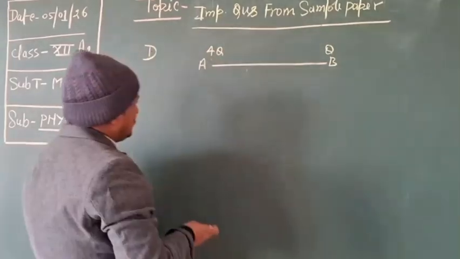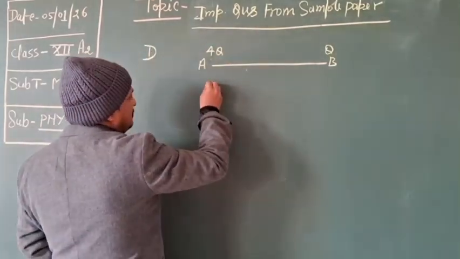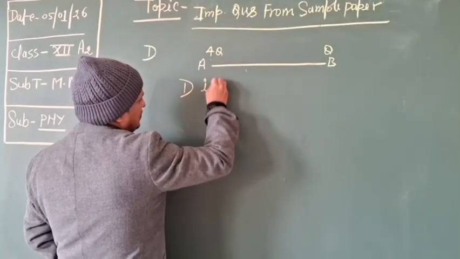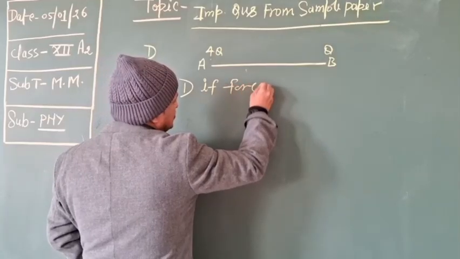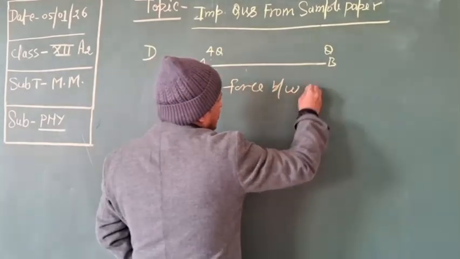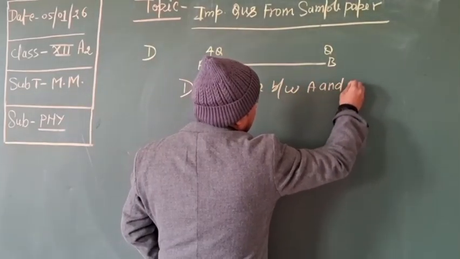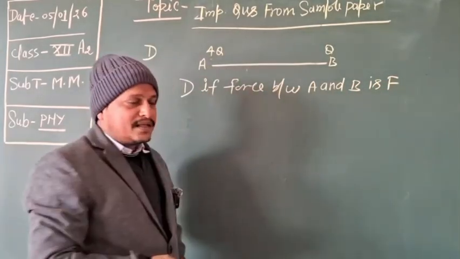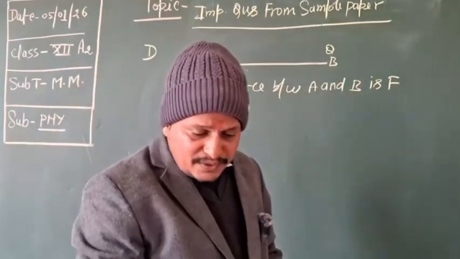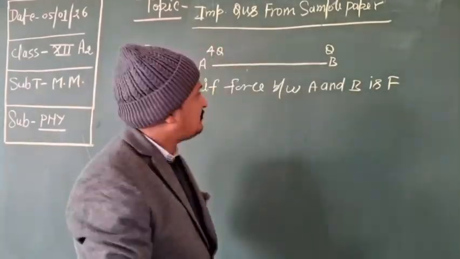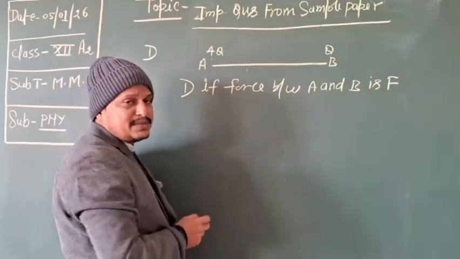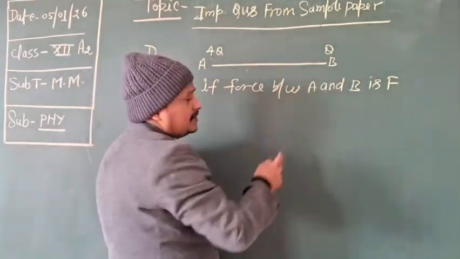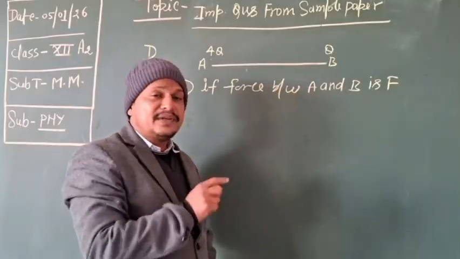Initially the force between A and B is F. Then, according to the question, if 75% of the charge is transferred from A to B, find the force between A and B.